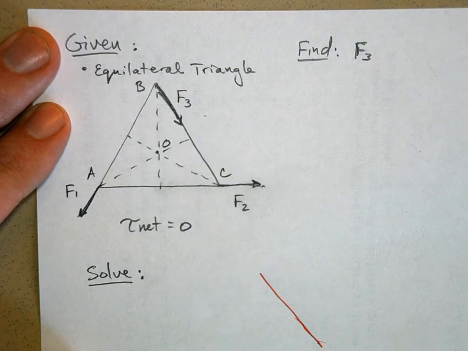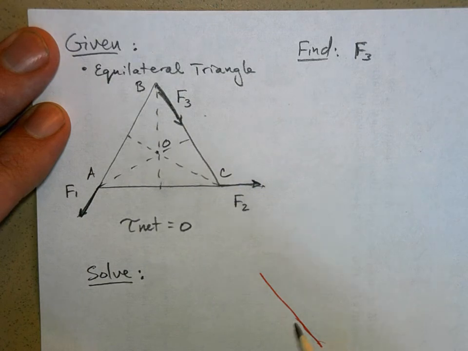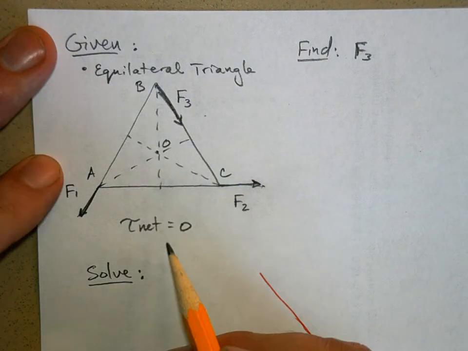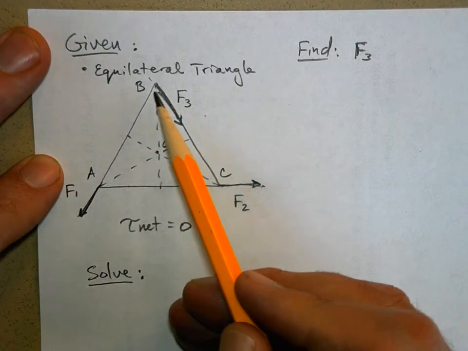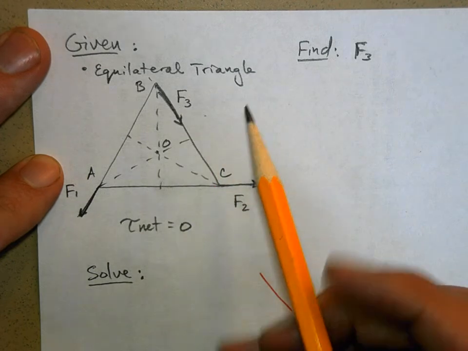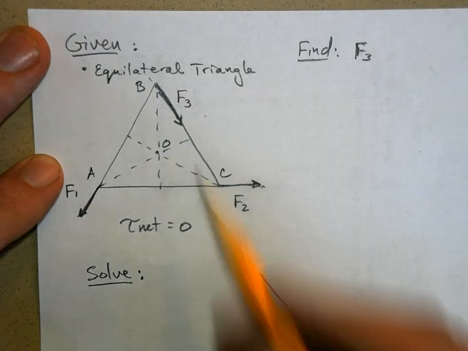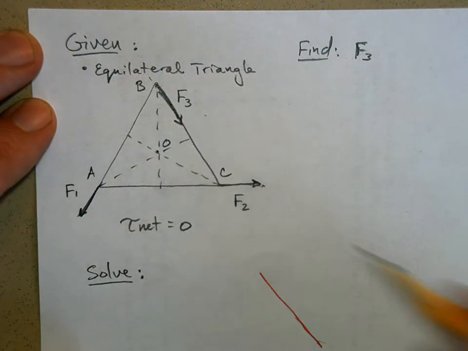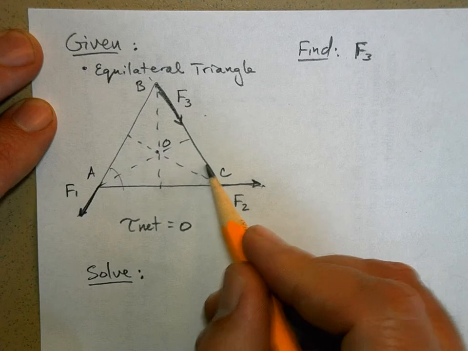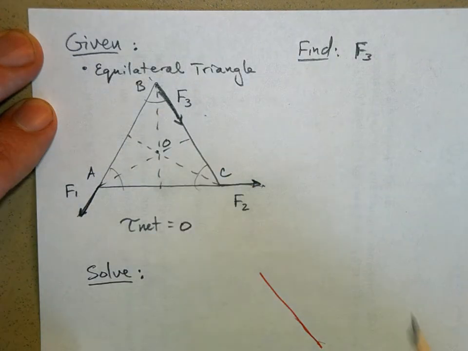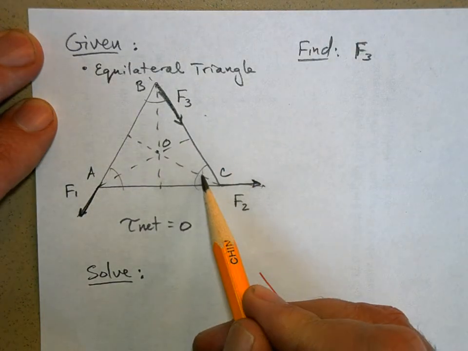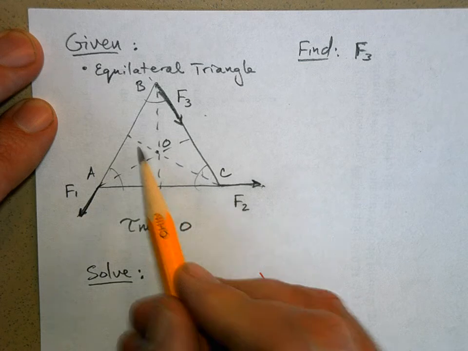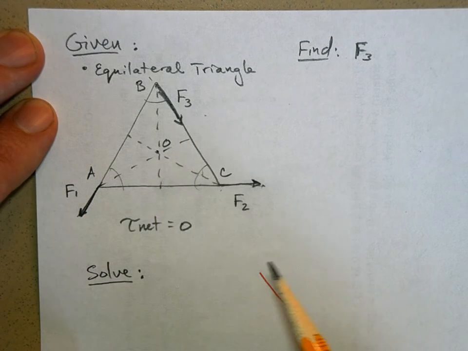What we want to do is, it's given that this is an equilateral triangle, and by arguing geometric symmetry we can figure out these angles. What's the angle from here to here? It's 60 degrees. So that means this is 30 degrees, because this little dashed line splits it in half. That's kind of convenient.